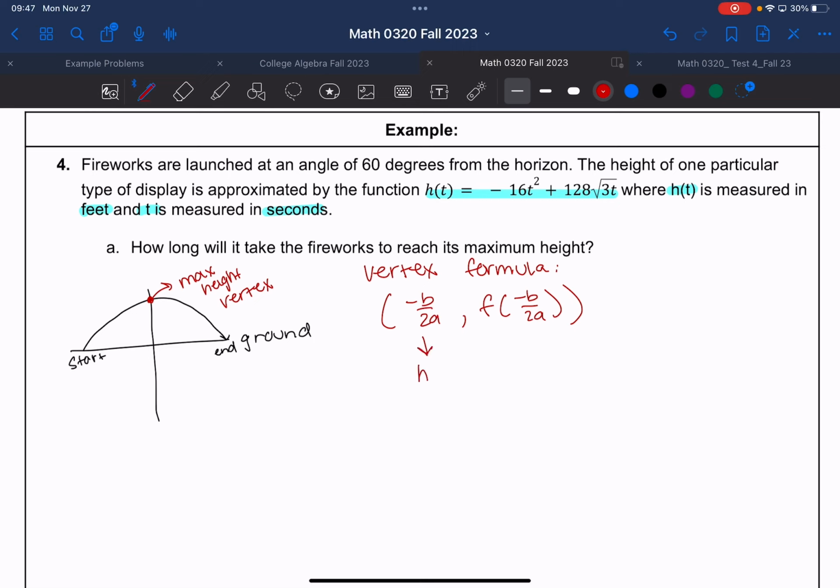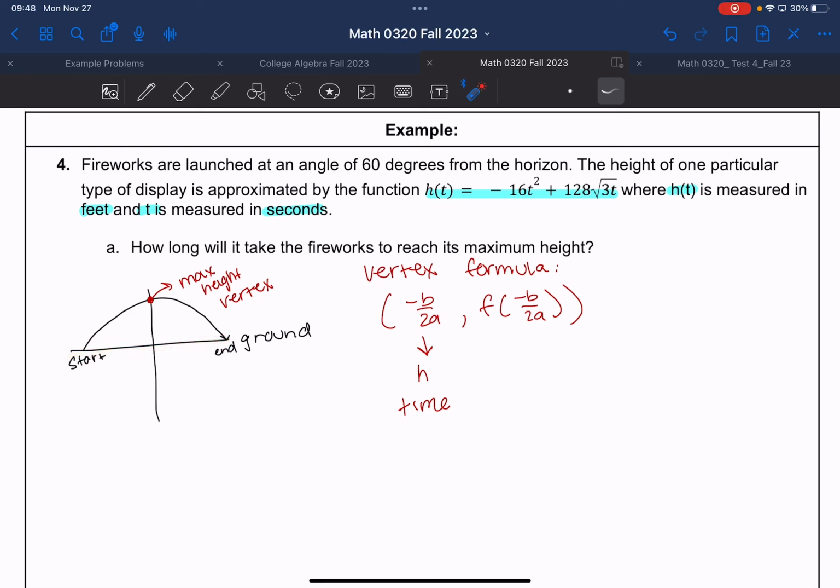Is it going to represent height or time? It's going to represent time. So remember, this is our h value, which is also our x-axis. And if we're looking at this, this is our time. Time starting here, ending here.